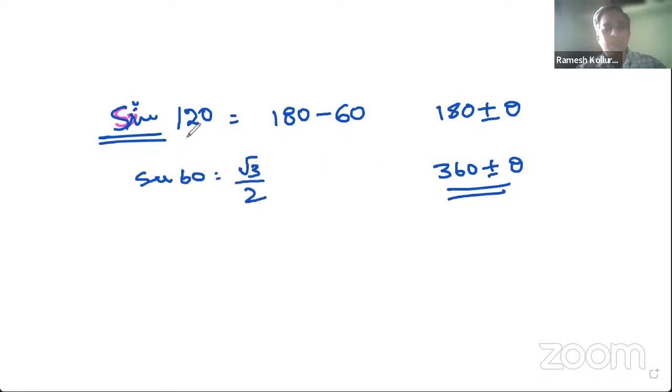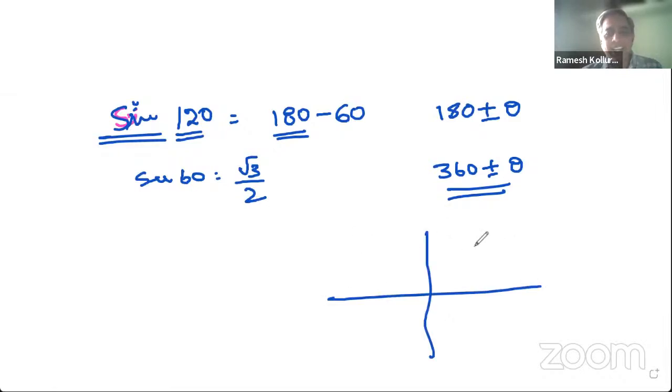But sine 120, because it is very near to 90, 180, it is very easy for us to do this thing, right? And all four quadrants for different things, like we generally remember all silver teacups or whichever way you remember. So basically sine function is positive here also, and here it is negative.